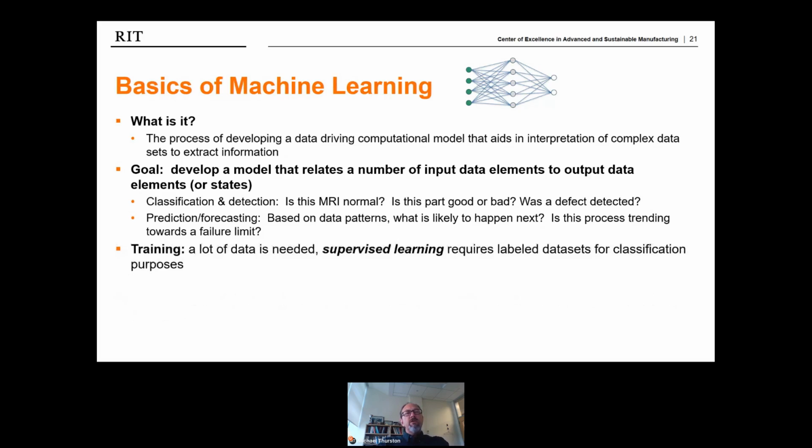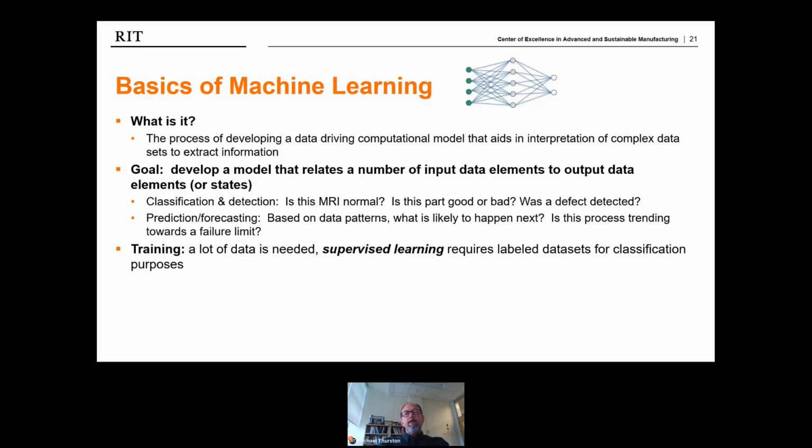When we do machine learning, a lot of data is generally needed because the models are unstructured and usually don't have built-in expert knowledge. You're basically taking a model structure and learning from the data you provide. Supervised learning requires labeled data sets, and we need that for purposes of classification.